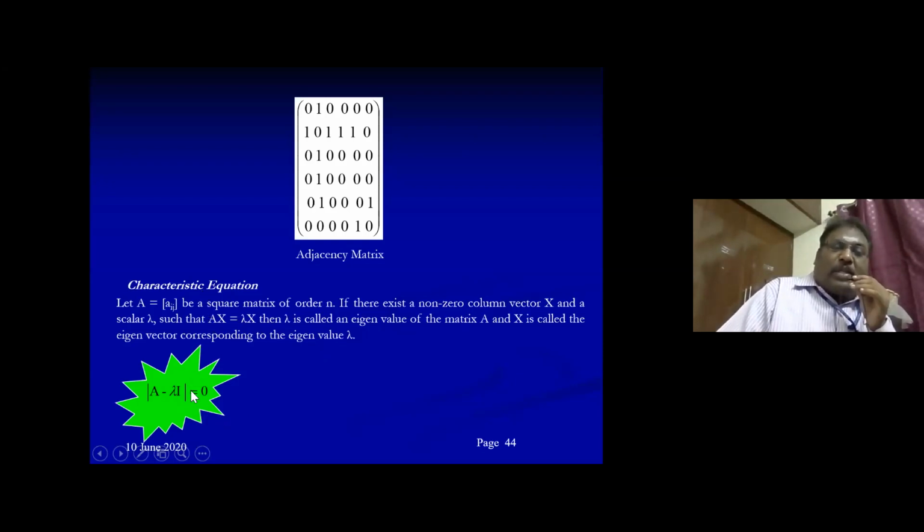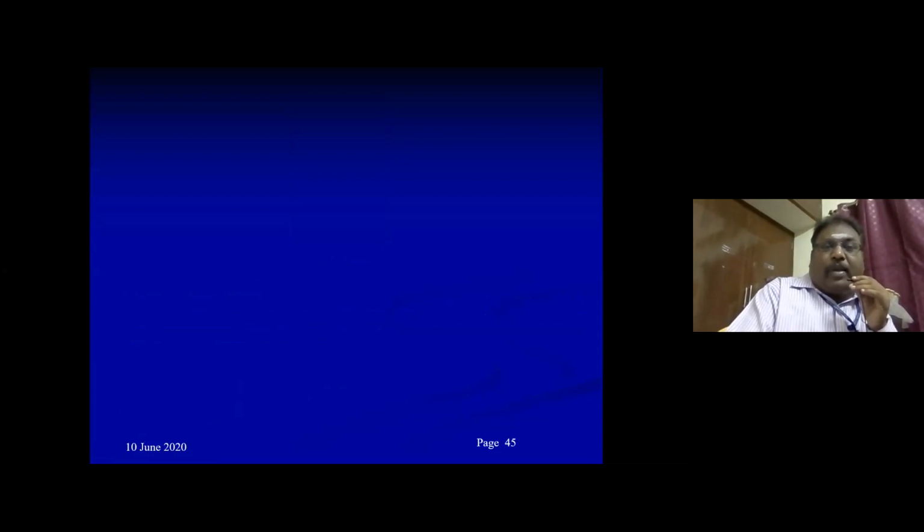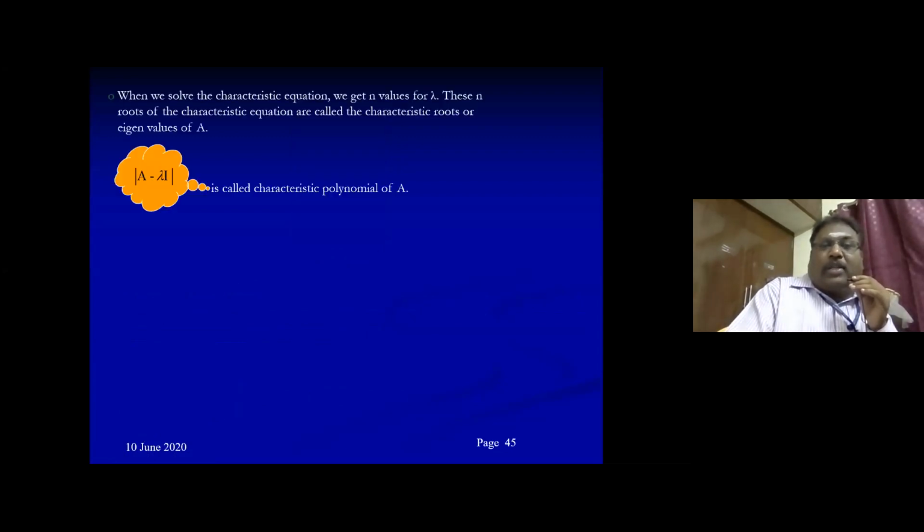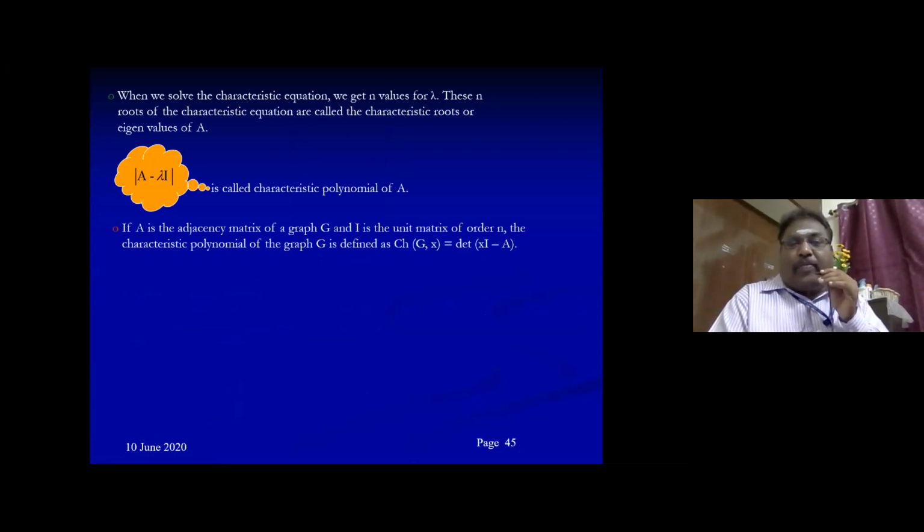So the characteristic equation, if you expand, you'll get a characteristic polynomial, and you solve it, you get the characteristic values. So determinant of A minus lambda I equal to 0 is called the characteristic equation of the matrix A. Fine. We solve the characteristic equation and get n values. They are called the roots or characteristic roots or eigenvalues of the polynomial.